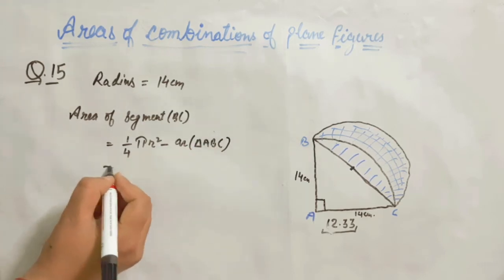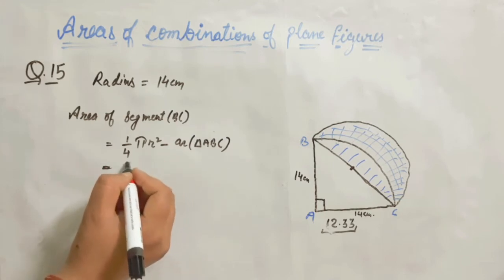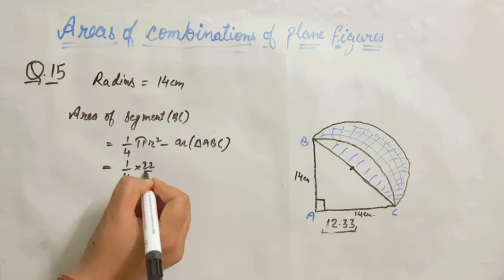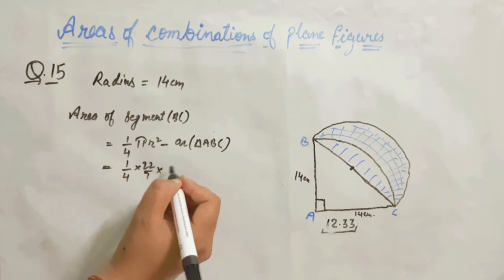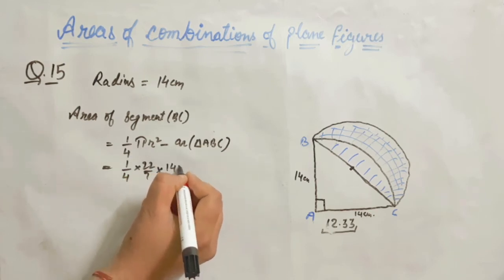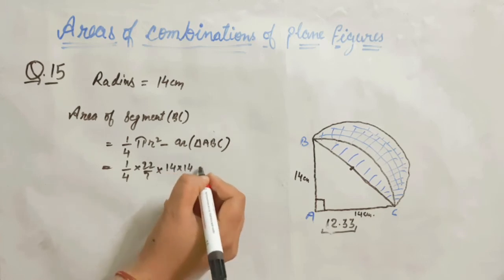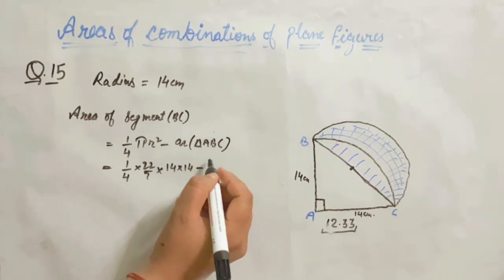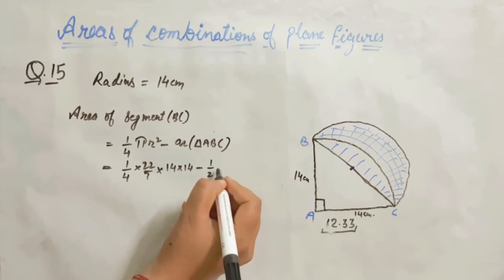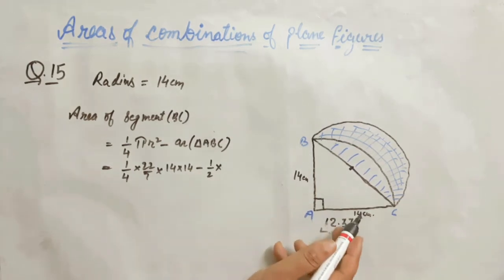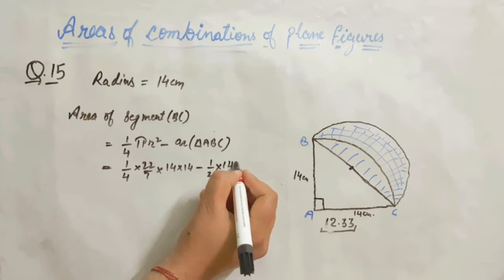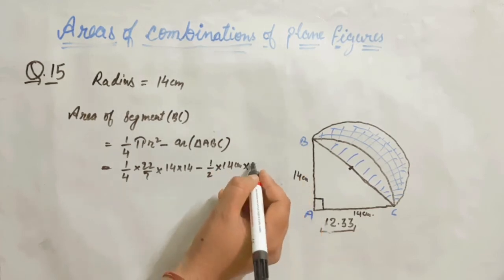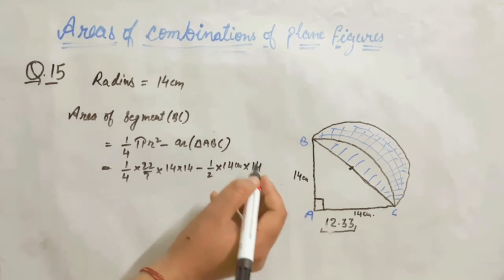So here area of quadrant will be 1/4, pi is 22 upon 7 and r square, radius square is 14 square, can be written as 14 into 14, minus, same thing here, area of triangle ABC, that is half into base AC is 14 centimeter as well as height AB is also 14 centimeter.